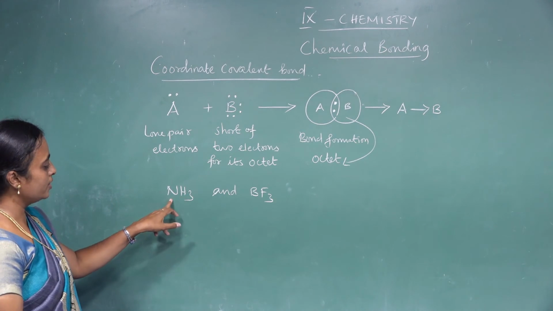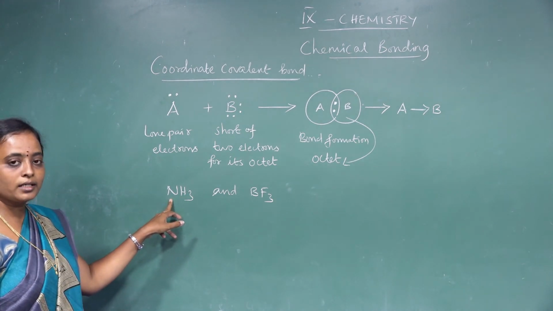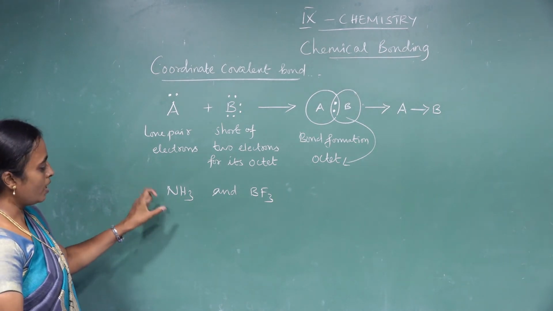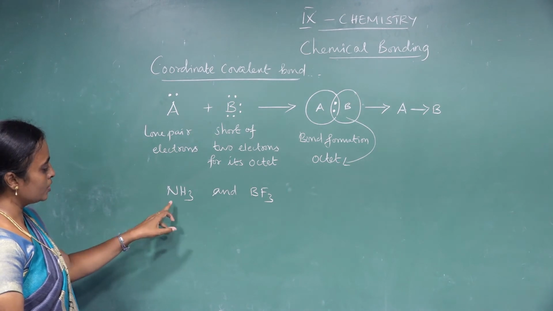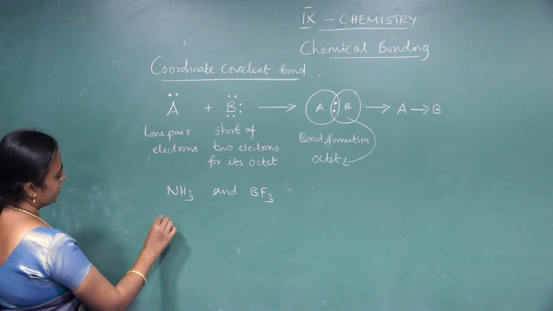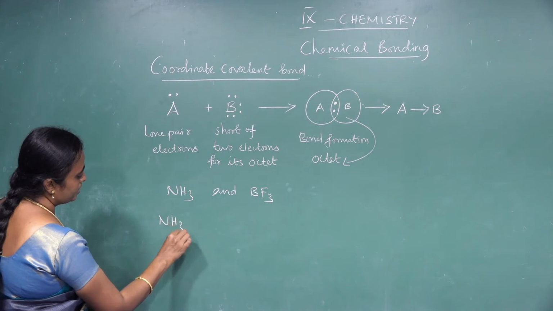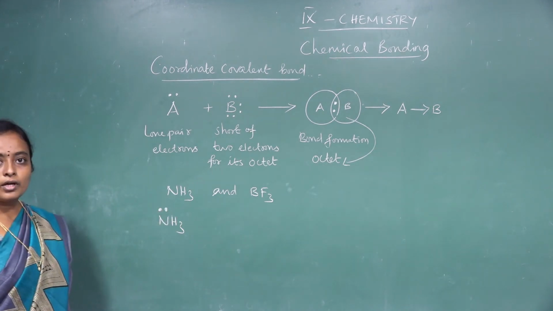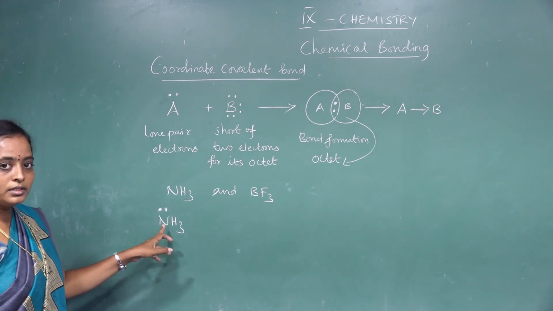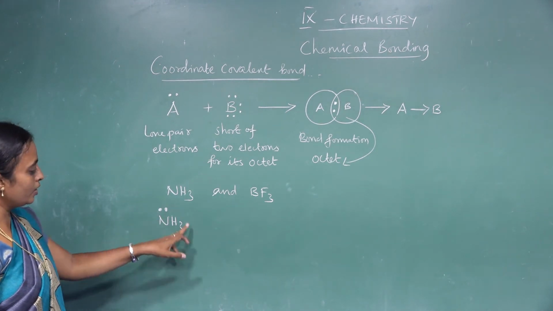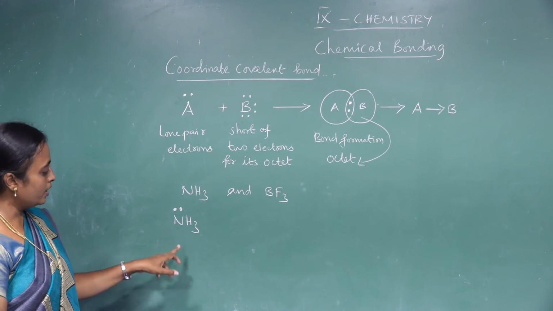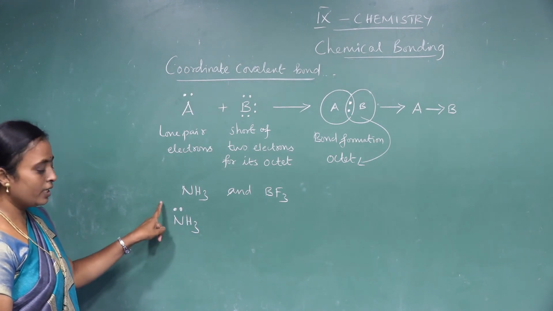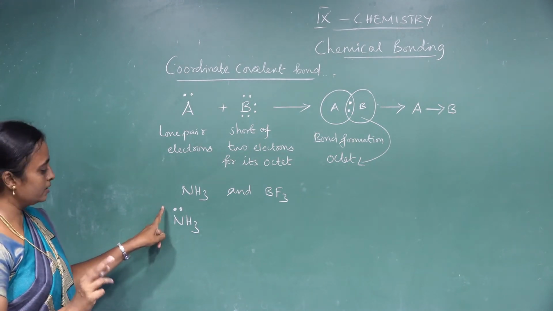Here the electron rich nitrogen atom will act as a Lewis base. So in the NH3 molecule, the nitrogen has a lone pair of electrons. In such a molecule, this is called a dative bond. So here the nitrogen has how many electron pairs? Only one electron pair. This is extra.